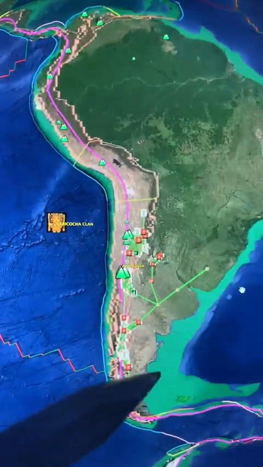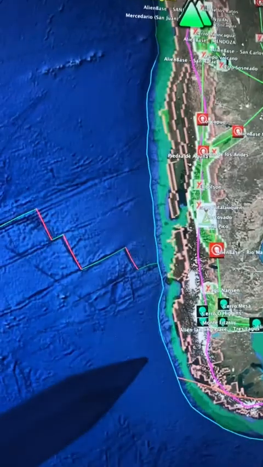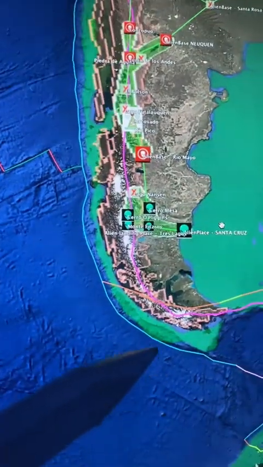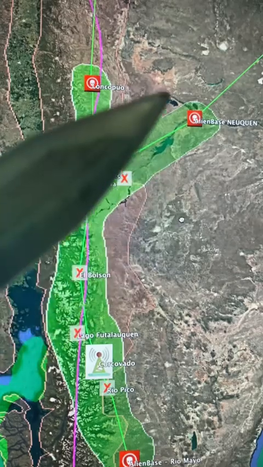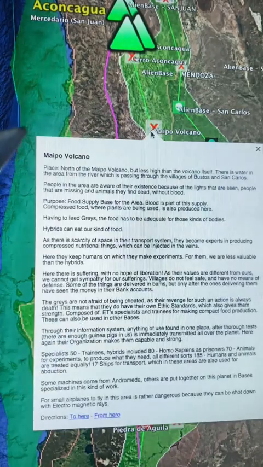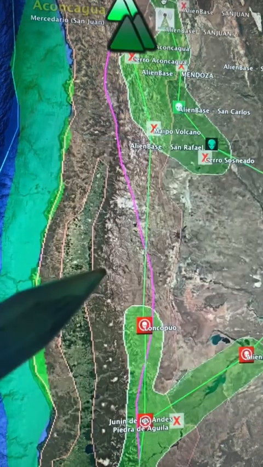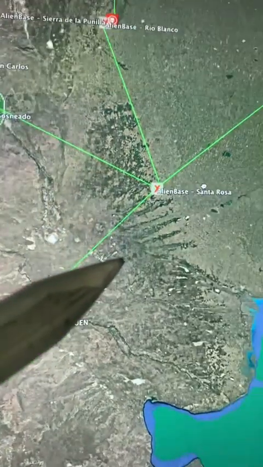For South America, we talk now only about the alien bases where we know the specific locations. Genetic alien bases, again genetic alien bases, and all the activities they do there from each alien base.